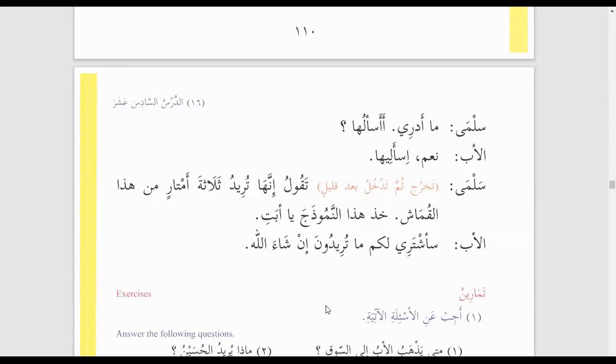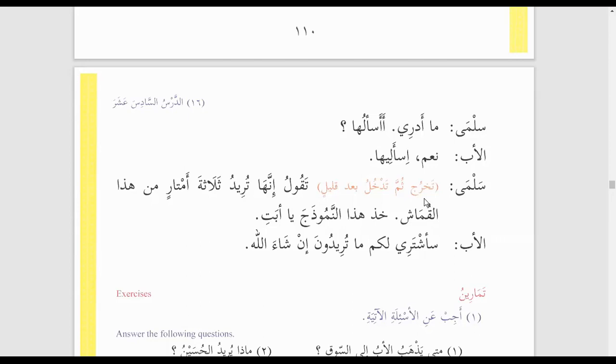The second one is fi'l al-amr. Excellent. The first one is mudare, the present tense: should I ask her? And the father says na'am, yes, and then the father is asking her na'am as'ali, you ask, for the feminine. For the masculine it will be is'al, and for the feminine ya will be added. It will be is'ali, and then the attached pronoun is ha, which refers to the mother. It says na'am is'aliha, yes, ask her.